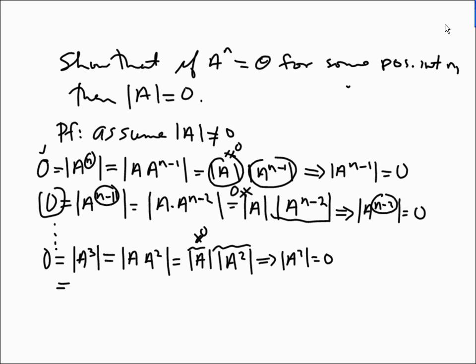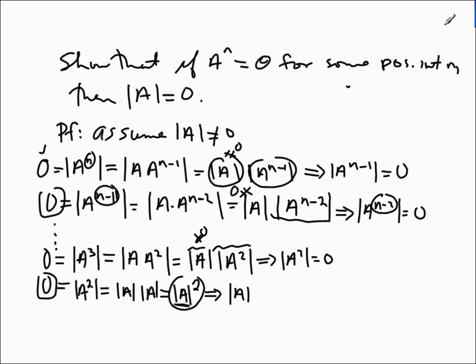So the determinant of A squared is 0, which is the determinant of A times the determinant of A. Well, if you square something and you get 0, that's because that something is 0.